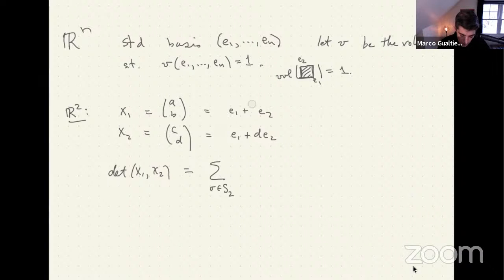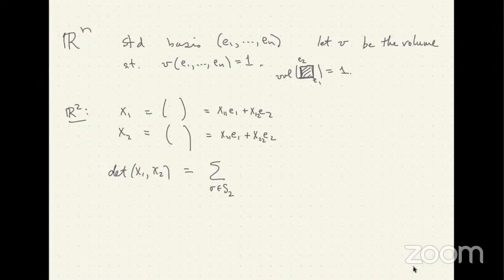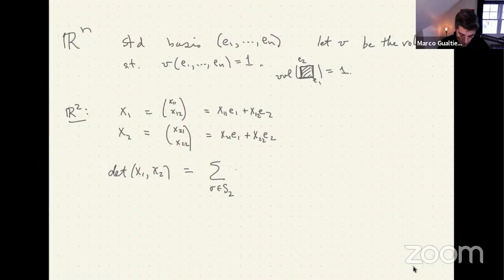Let me give you different numbers. So I'll call this x11, x12, x2. Okay, and then we should have (-1) to the sign of sigma times x1 sigma(1) times x2 sigma(2). So let's break this out.